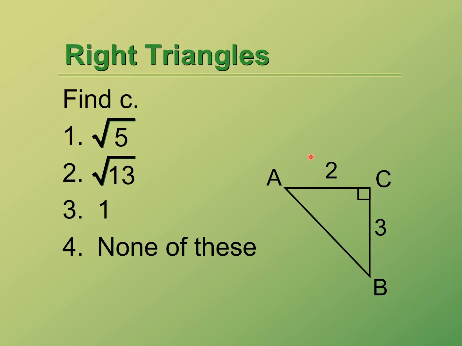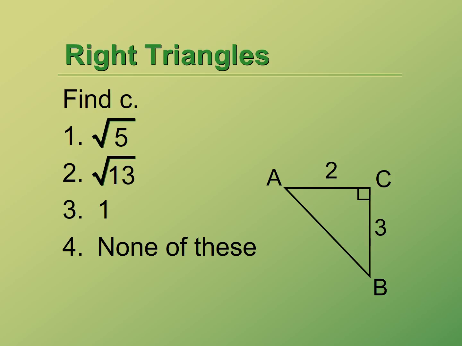All right, so here's an example of how we can use Pythagorean theorem. This problem wants us to find the hypotenuse. So we can use the Pythagorean theorem that says a squared plus b squared equals c squared. So your a would be 3, and your b would be 2.